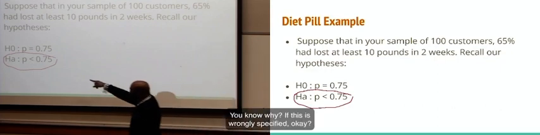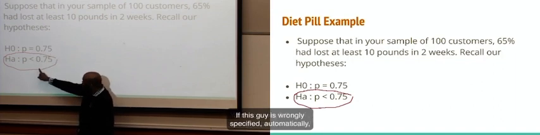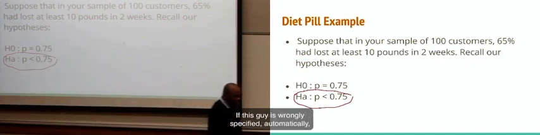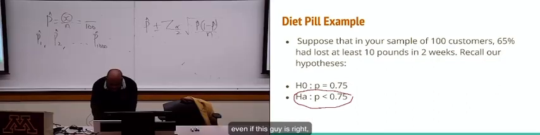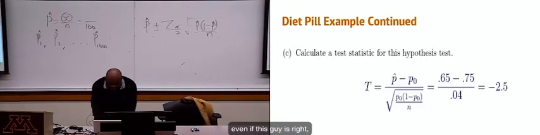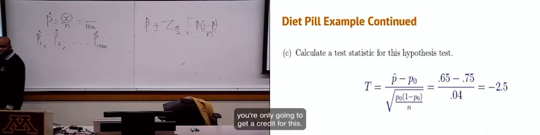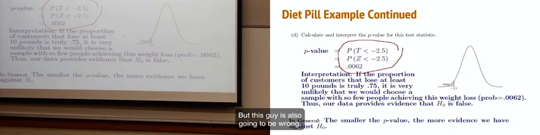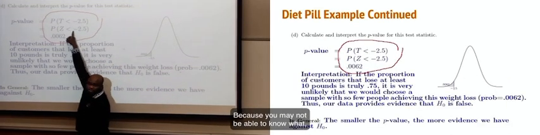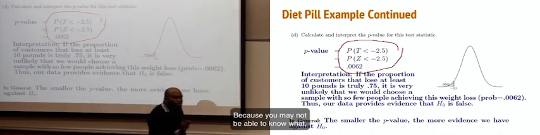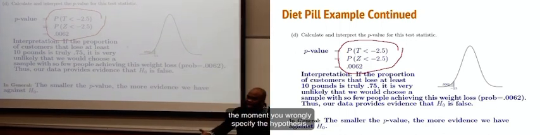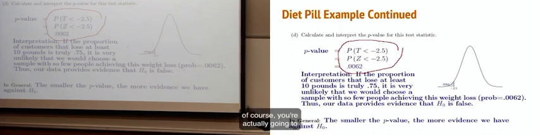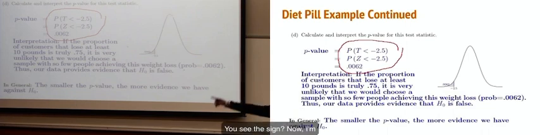If the hypothesis is wrongly specified, even if the other part is right, you're only going to get credit for that part. The moment you wrongly specify the hypothesis, of course, you're going to have your p-value wrongly computed. You see the sign now.